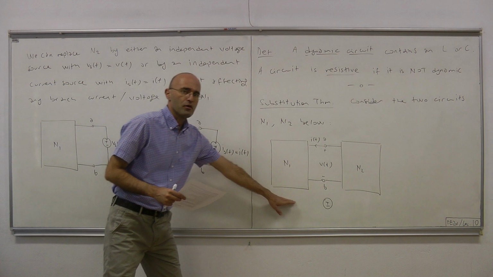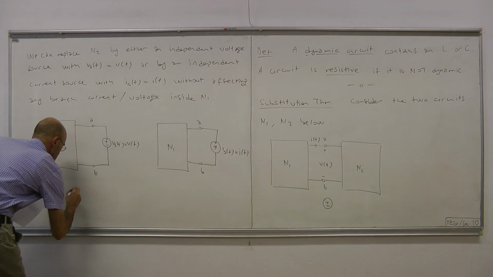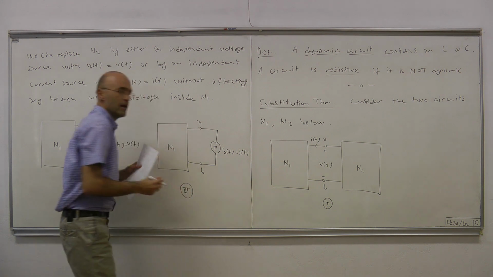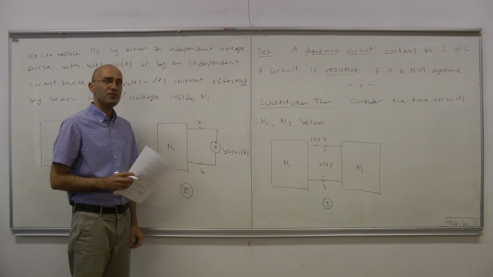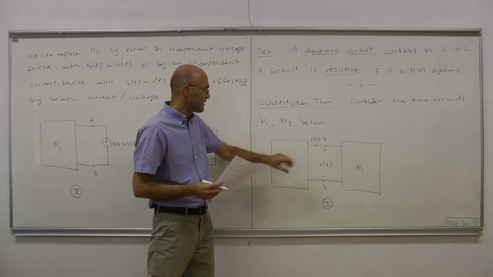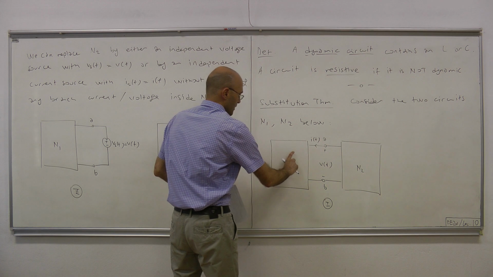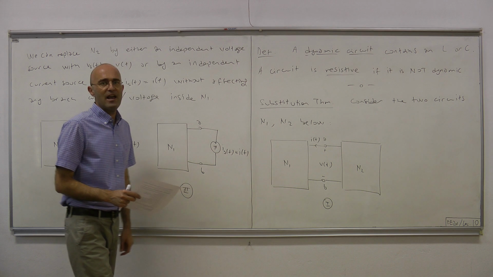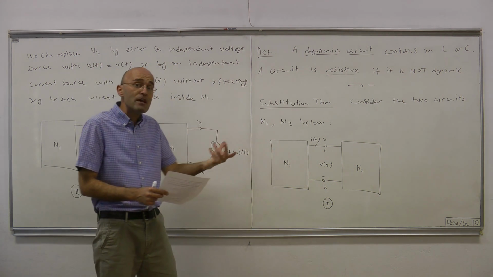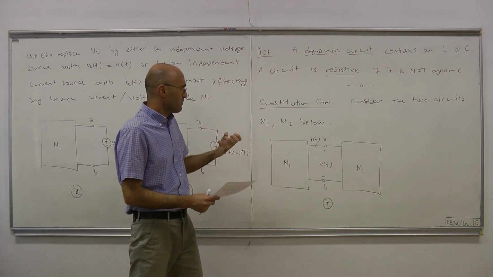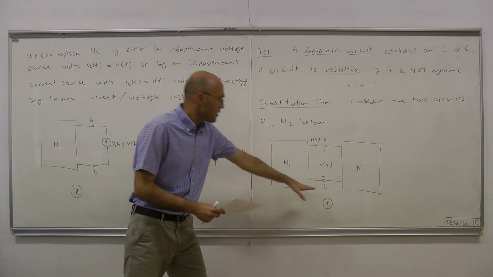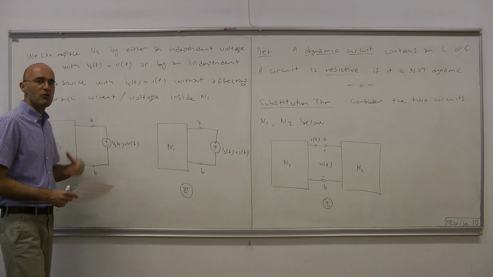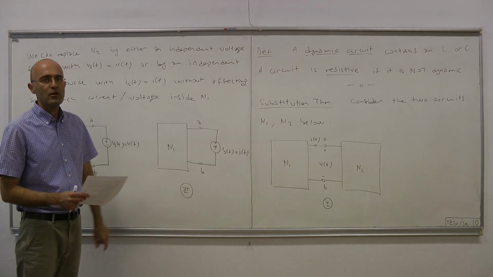So this is the original configuration, and let's call these two configurations 2 and 3. And substitution theorem says that for any imaginary person sitting inside that circuit N1, he or she will not be able to feel any difference between those three scenarios, okay? 1, 2, or 3. Everything inside N1 will be the same in all those three configurations.